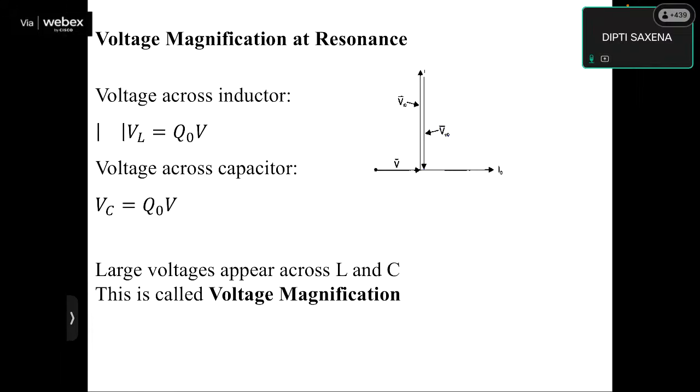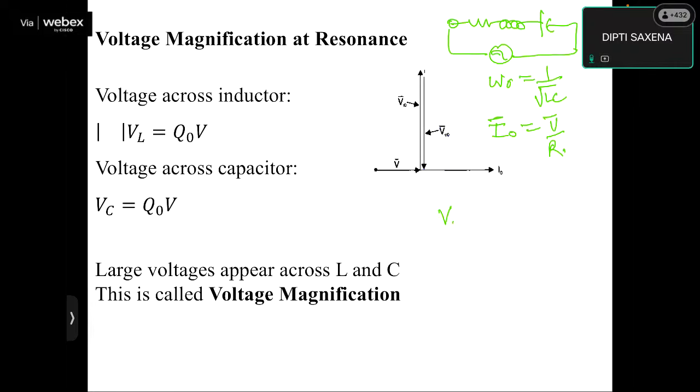Now let us see what happens to the voltages at the resonance. This was your RLC circuit. At resonance, omega 0 is equal to 1 upon square root of LC. What was the current? Current was maximum since the impedance was minimum. So phasor I would be equal to phasor V upon R. Now let us see the voltage across the inductor.